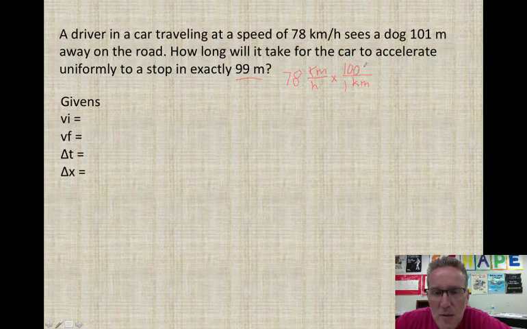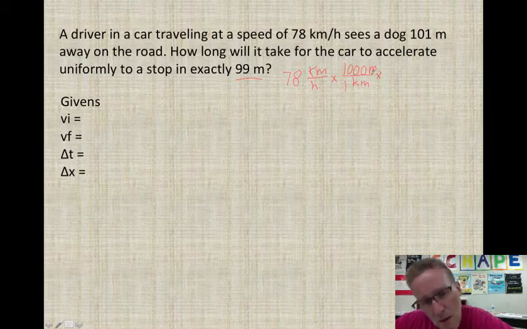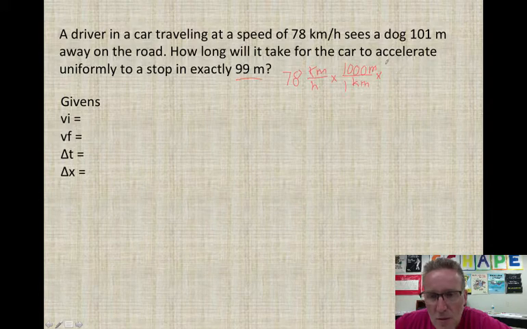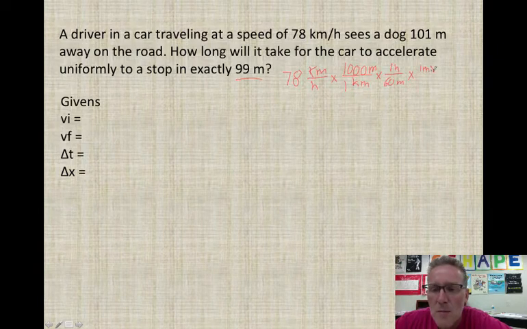We're getting this in meters per second, so then we need to get hours to seconds. 1 hour per 60 minutes, and then 1 minute per 60 seconds.